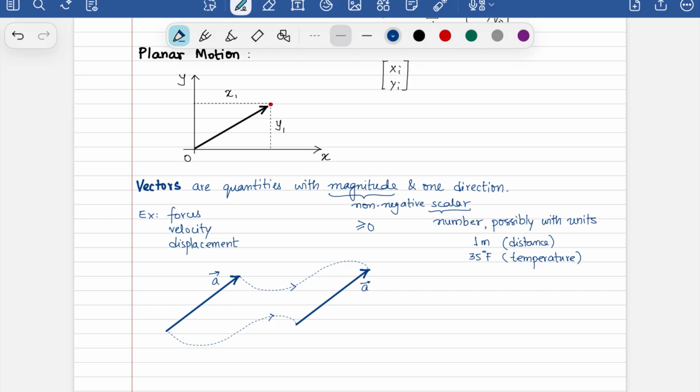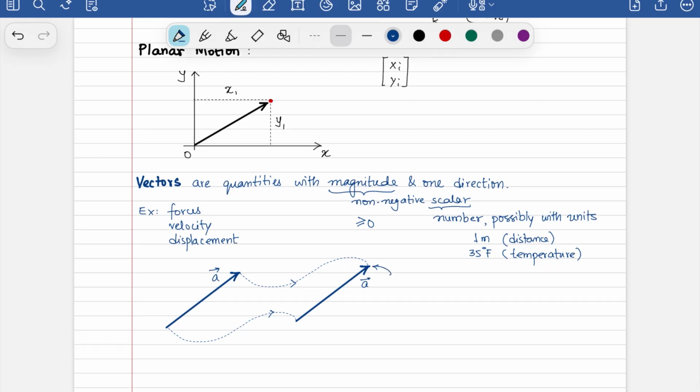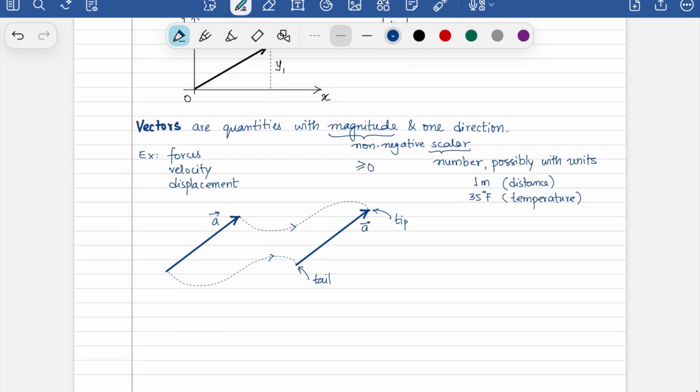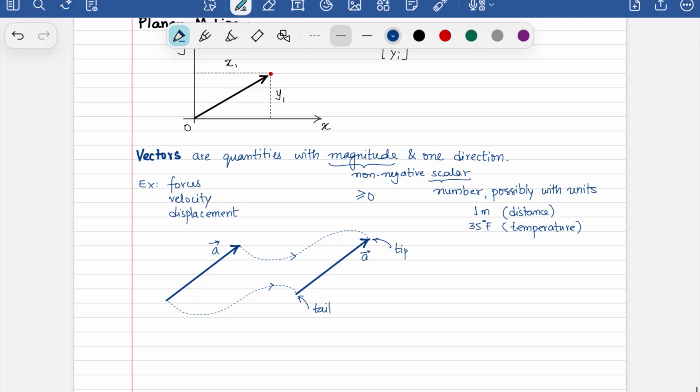Okay, and some things about the parts of a vector. This here is called the tip, and this here is the tail. Now that becomes important soon when we start discussing ideas of angles and so on. So this here is a vector representation.